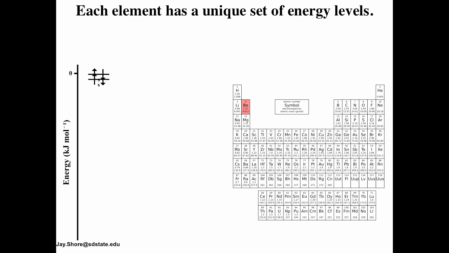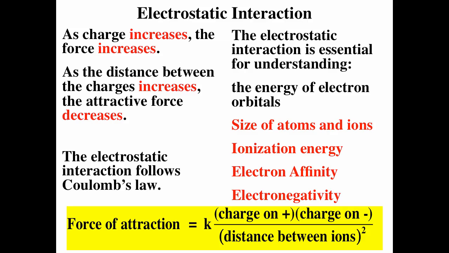The 1s orbital is always the lowest energy orbital because it's closest to the nucleus, has the smallest n. And so the electrostatic interaction dominates the energy of electron orbitals. We'll also see that it affects the size of atoms and ions, ionization energy, electron affinity, and electronegativity.